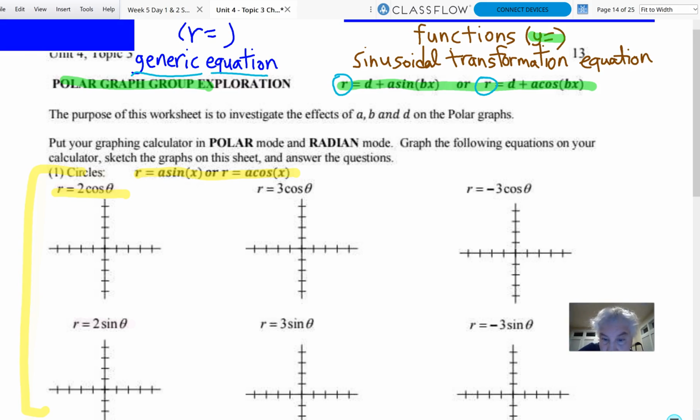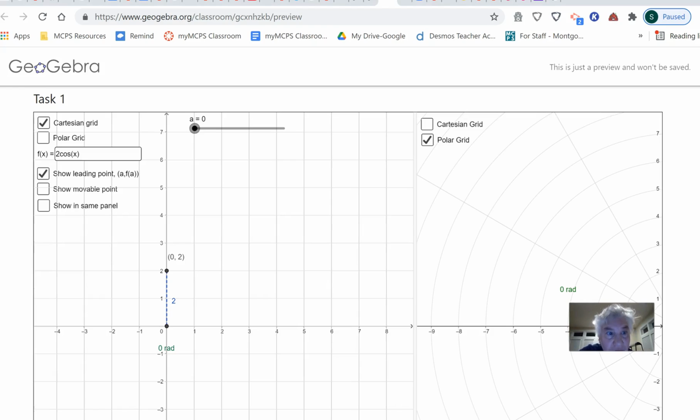So I'm going to go to GeoGebra, and you can see over in the upper left-hand corner, I have the equation, and it says f of x equals, but we're doing it, as you can see, both polar and Cartesian, xy. So I have f of x equals 2 cosine x, as is on your paper in your packet. And what happens is, at least on the left, I'm looking at this graph as if it was Cartesian, as if it was an xy graph, and I'm graphing a typical cosine curve.